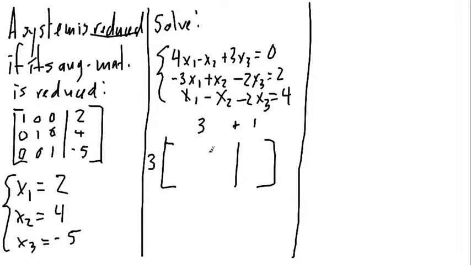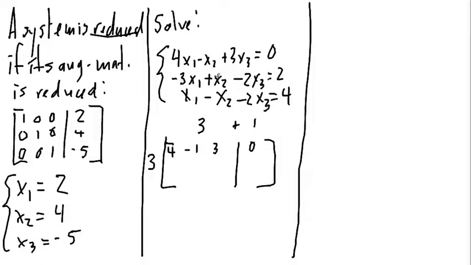This part of the augmented matrix will have one column for each unknown, but then the last part has the values on the right-hand side of the equation. So we have one more column than the number of unknowns. Now to get the augmented matrix, we take the coefficients of each row. Here it's 4, -1, 3, and 0, so I put 4, -1, 3, and 0.